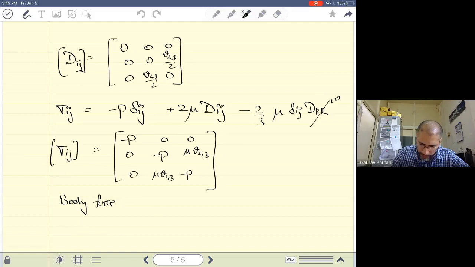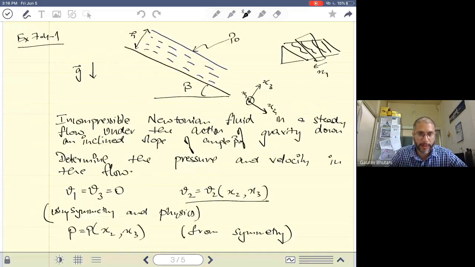Now the body force in this case is gravity, and the body force vector b_i is simply, if you go back to the picture here, then gravity has a component in the x2 direction and x3 direction.